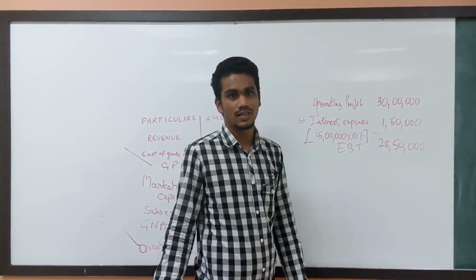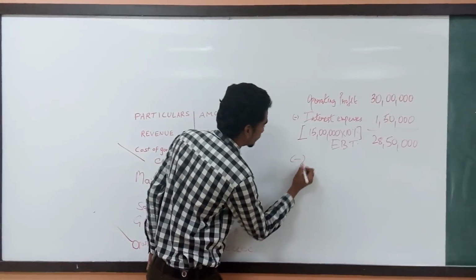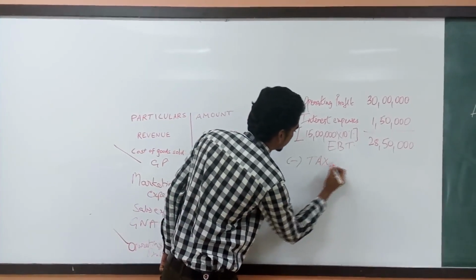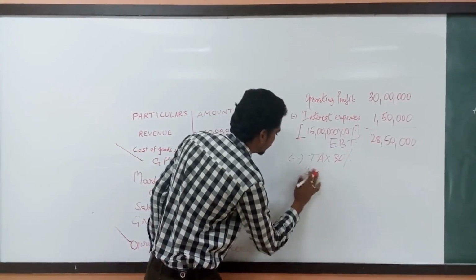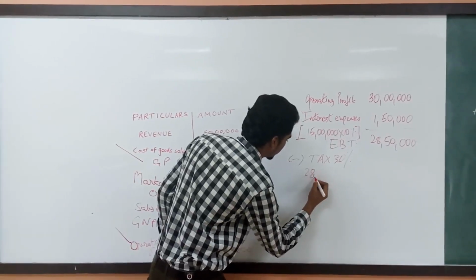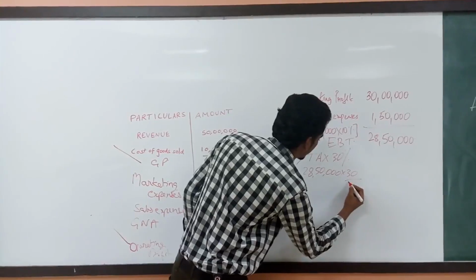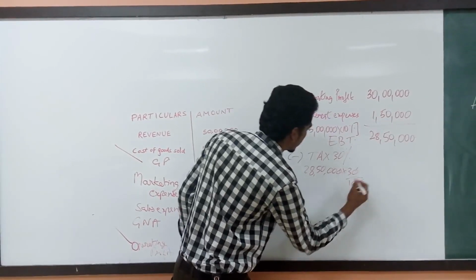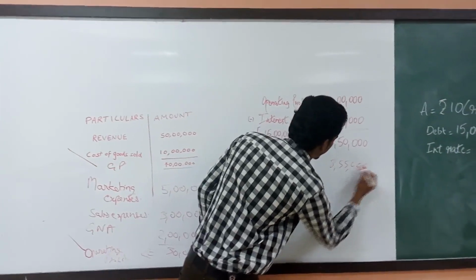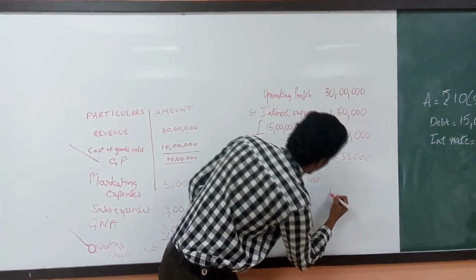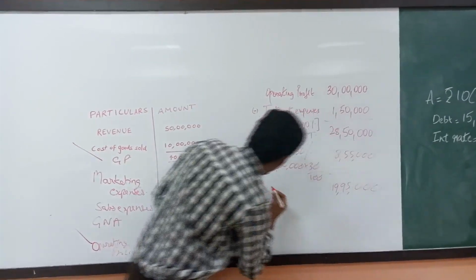So the next step is to reduce the tax from EBT, say 30%. This is the net income.